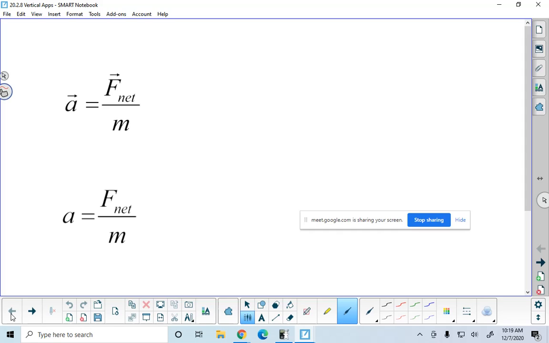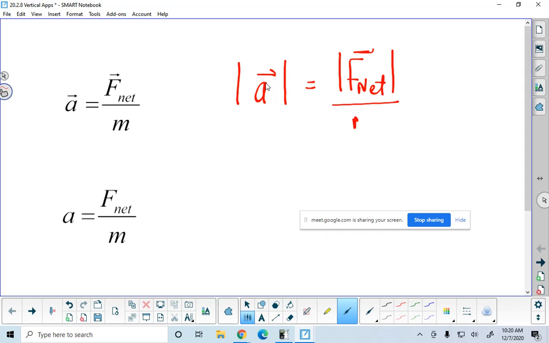A lot of the time, though, what we're going to be doing is using this form of Newton's second law of motion. And we will be stating the direction by looking at the question. So what I am getting at is, I think it was Mackenzie said that the net force acting on the box on the ramp was negative 74 newtons.